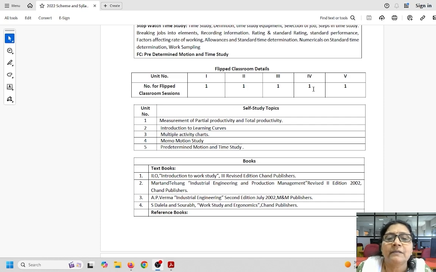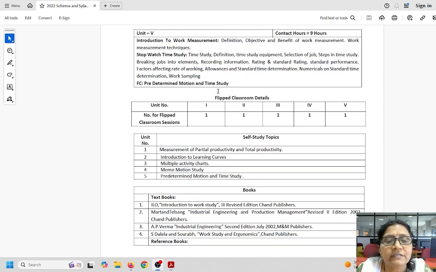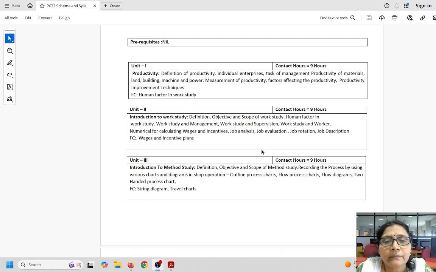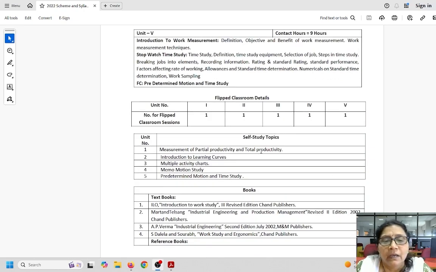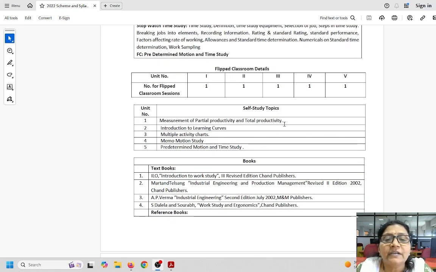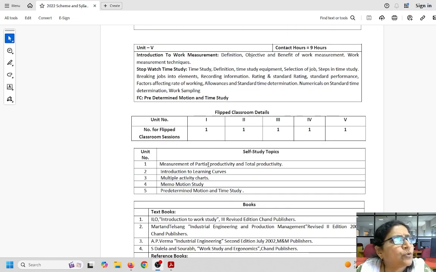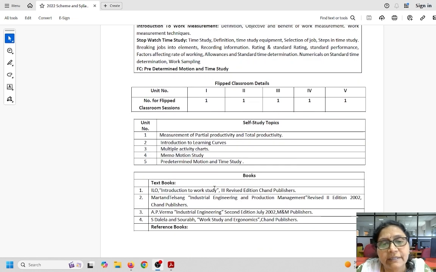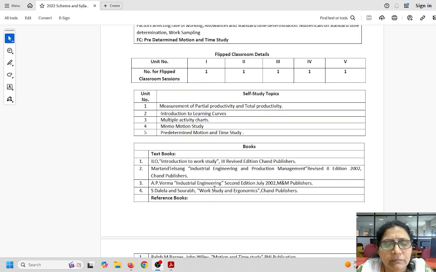This is the interesting part of this subject. I think you have understood that, and self-study topics are also there. It is almost 90% theoretical, and 10 to 15% numericals are added in this.